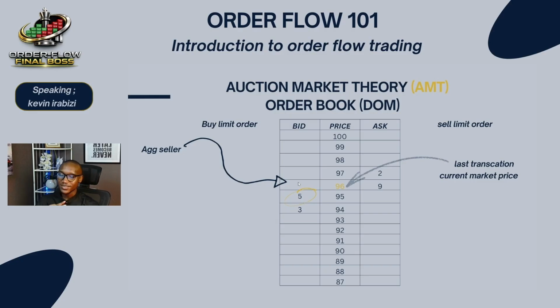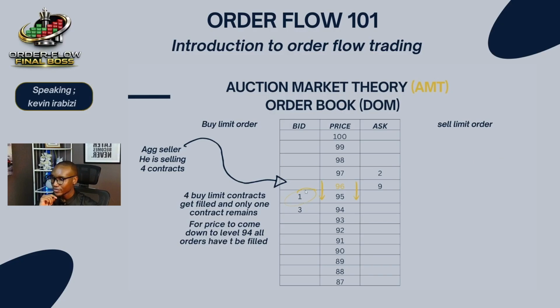An aggressive seller simply means I don't really care what the price is right now, fill my order right now. So he places his order at price level 96, but there are no limit orders there, simply meaning there's no liquidity there. So that pushes price to level 95, and at level 95 he is going to get filled in.